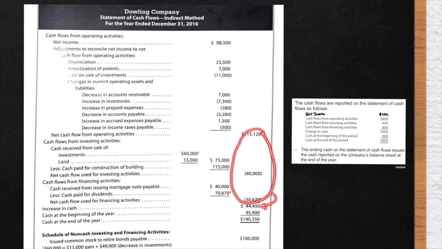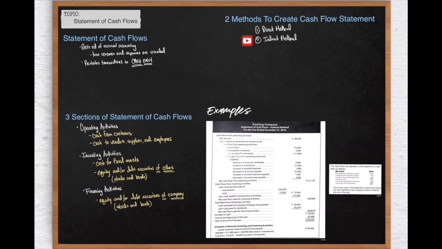You're going to combine those three amounts, and you're going to get $44,450. You're going to combine that with the beginning year's balance from the cash account. And as soon as you do that, you should end up with the cash balance at the end of the year, which is $140,350 for this example.